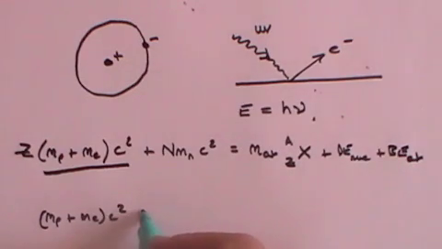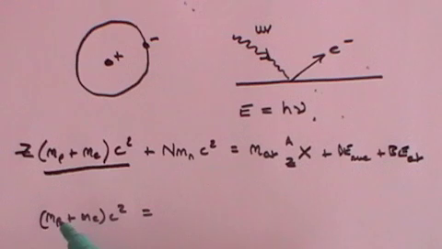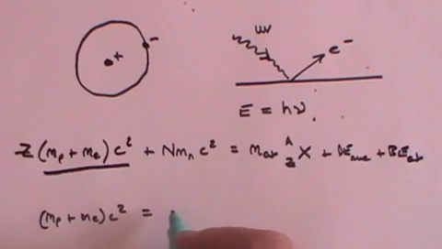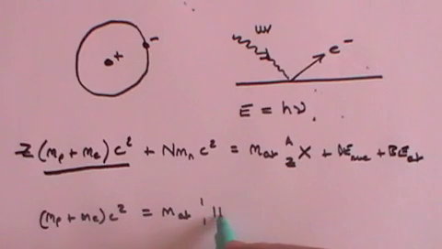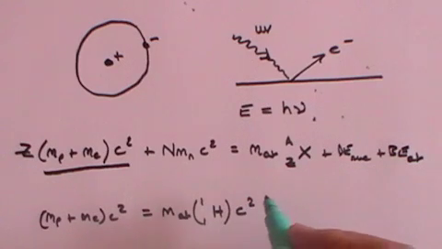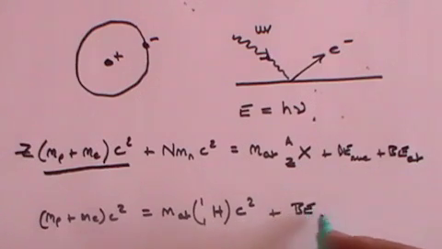So that is the constituent bits of a hydrogen. So I'm adding the two masses together multiplied by c squared to get an energy, and that is going to be the atomic mass of hydrogen multiplied, of course, by c squared, plus the binding energy of the hydrogen atom, because the hydrogen atom is bound.